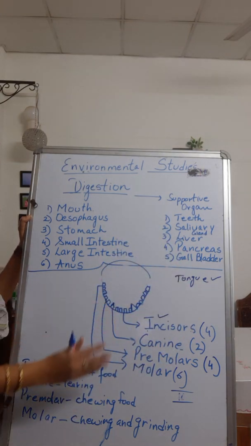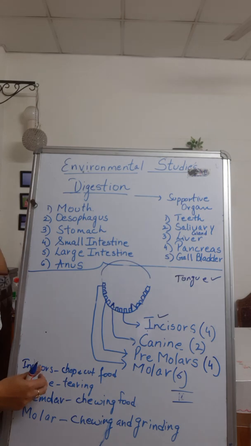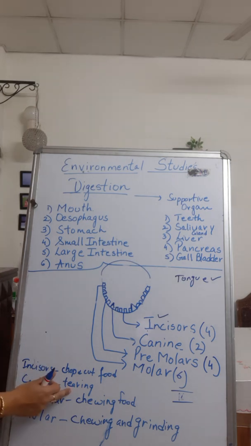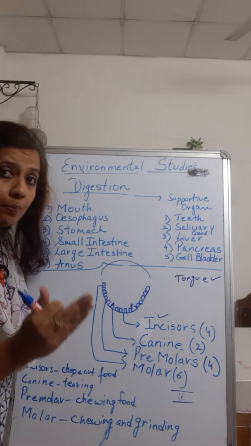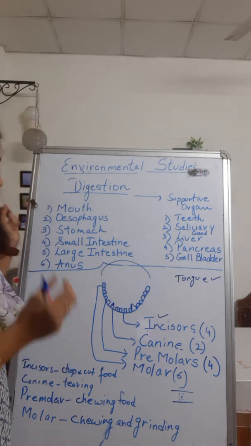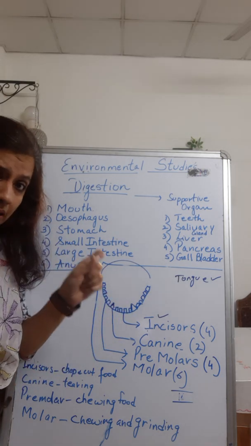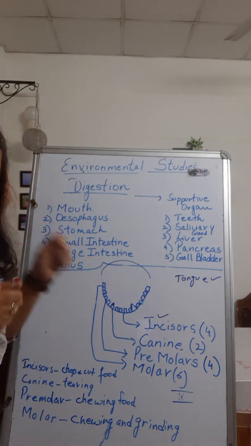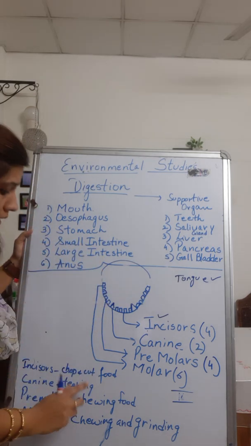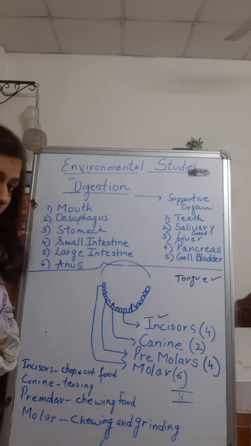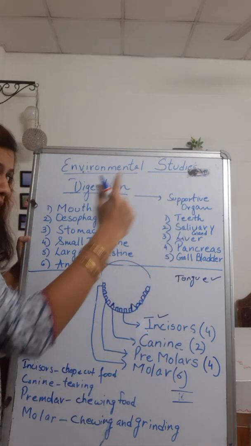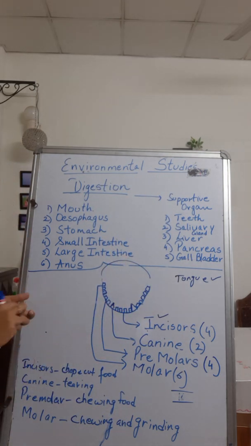Now what do the canines help us to do? Canines help us to tear the food. These are pointed ones, so if you get some food material that needs a lot of tearing, we use canines.